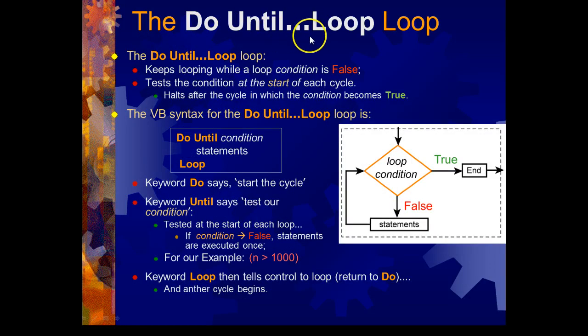So the do until loop keeps looping while a loop condition is false. Now we're switching to the do until loop. We just did the do while loop. So what's the difference between until and while? They're kind of the opposite, right?